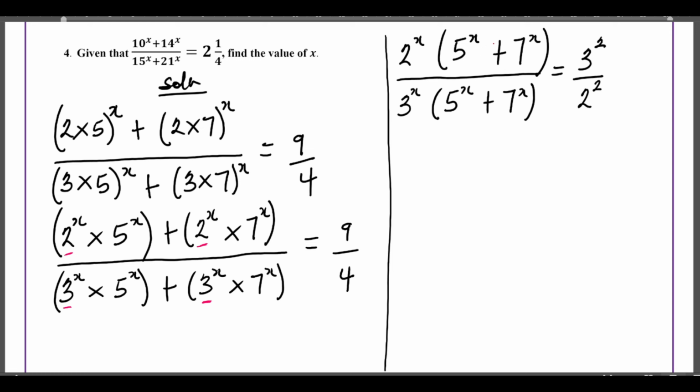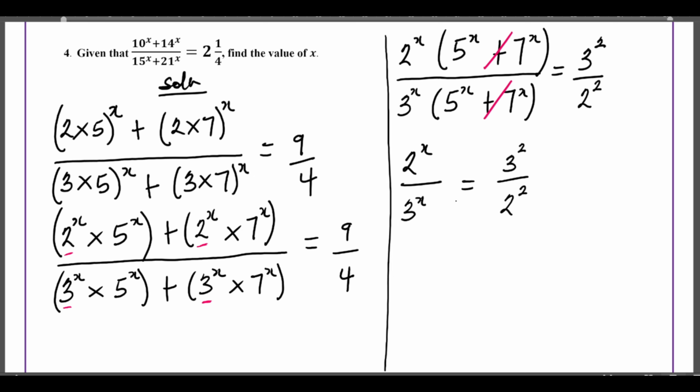So 5 raised to the power x plus 7 raised to the power x at the numerator and 5 raised to the power x plus 7 raised to the power x at the denominator will cancel out, leaving 2 raised to the power x at the numerator and then 3 raised to the power x at the denominator. And then on the right, as we can see, we have 3 raised to the power 2 on 2 raised to the power 2.